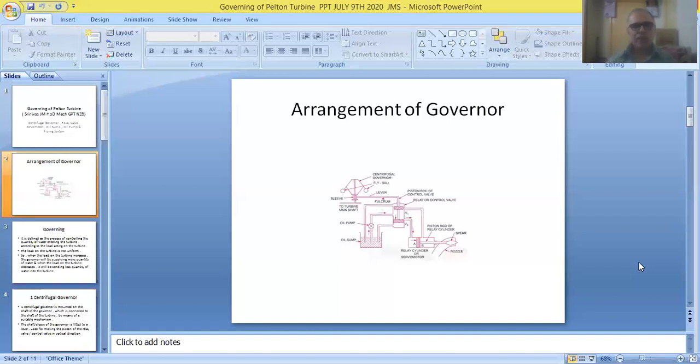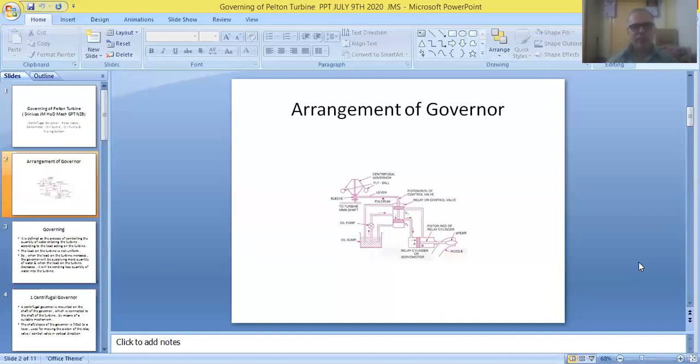And finally, we can see the arrangement of a hydraulic pump, an oil pump. As the name itself implies, this oil pump will be raising the pressure energy of the liquid.